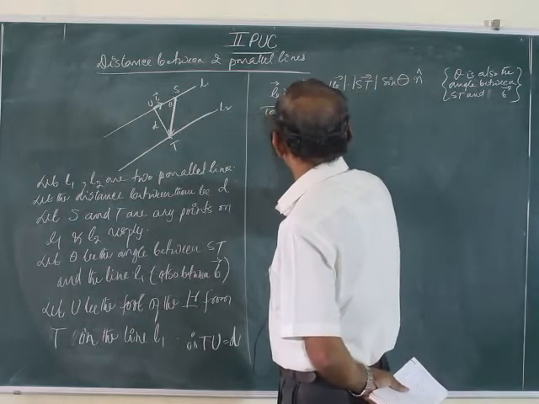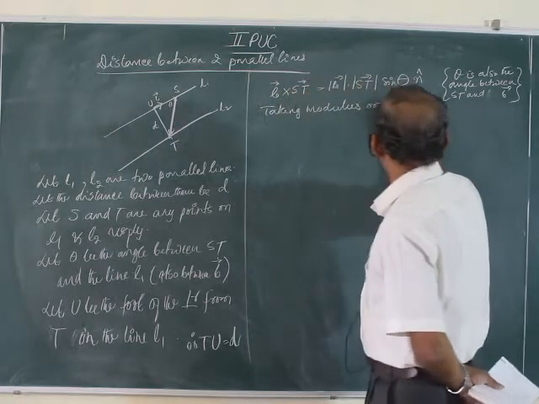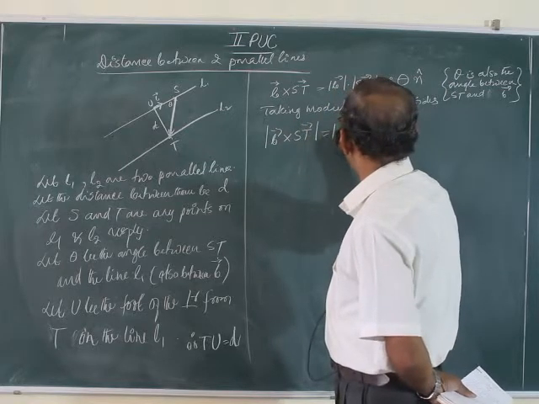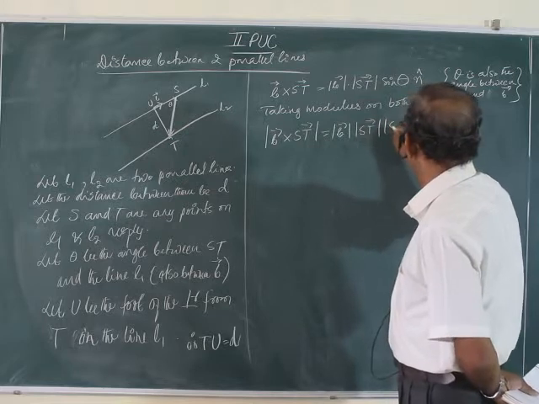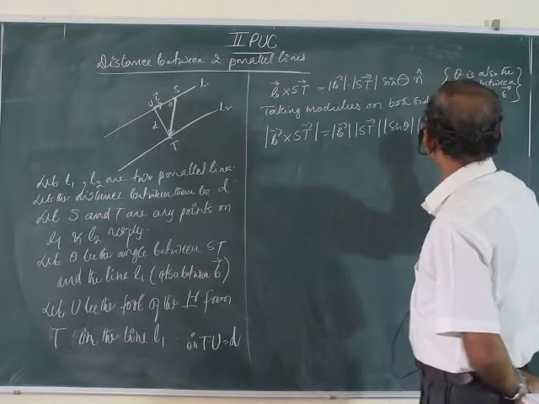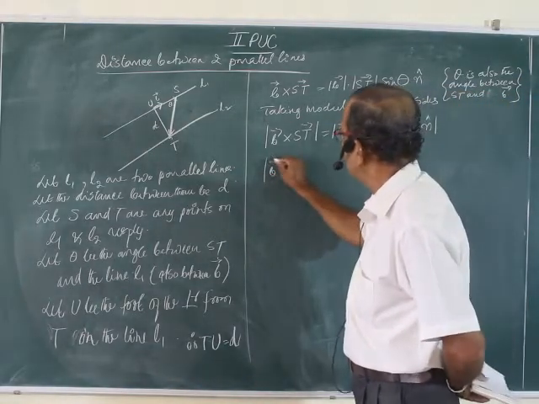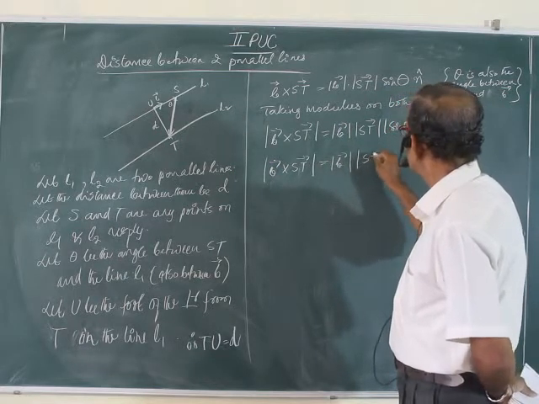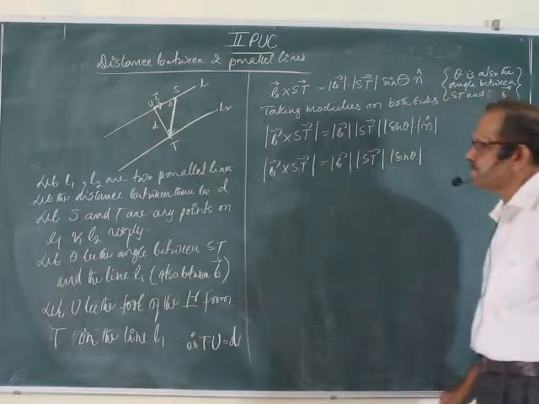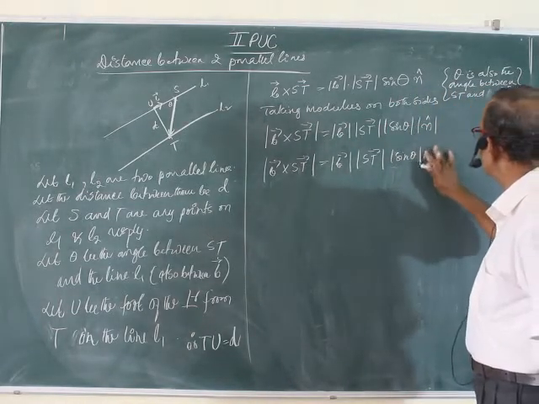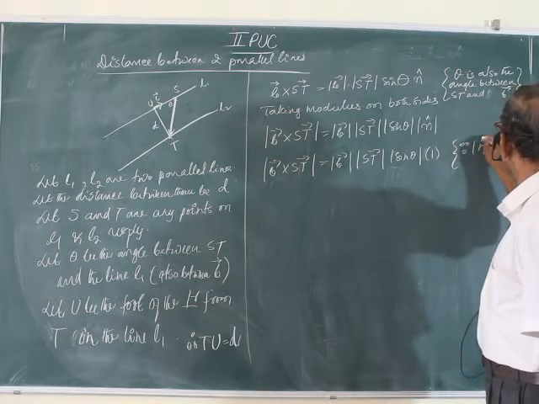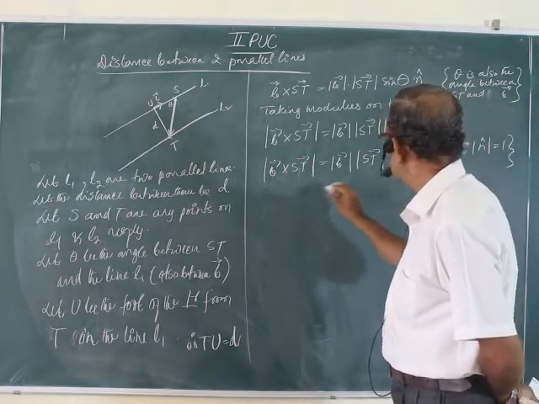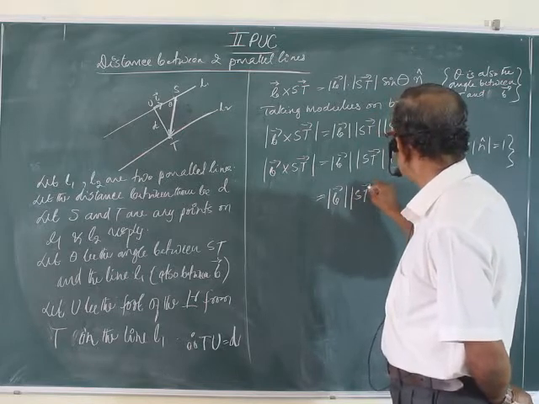Taking modulus on both sides, you get mod B, mod ST, sin theta, but the modulus of n cap is 1, because a unit vector means its length is always 1.